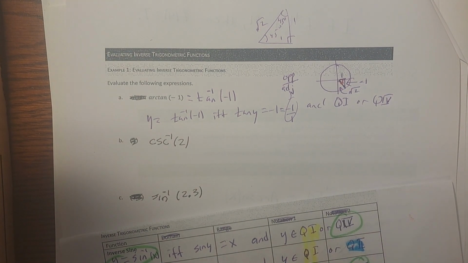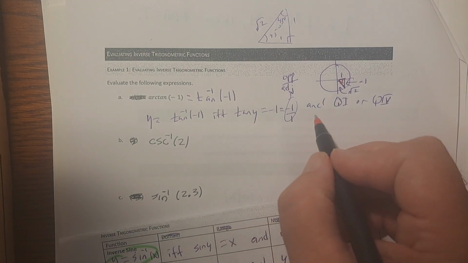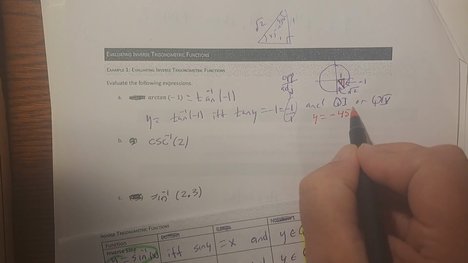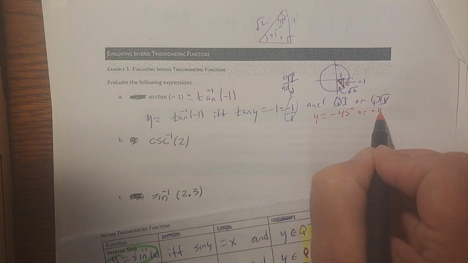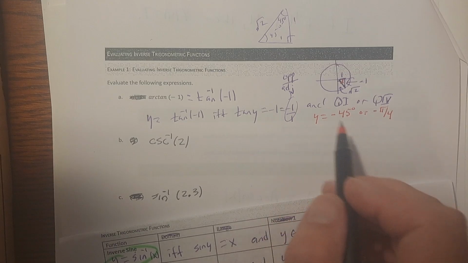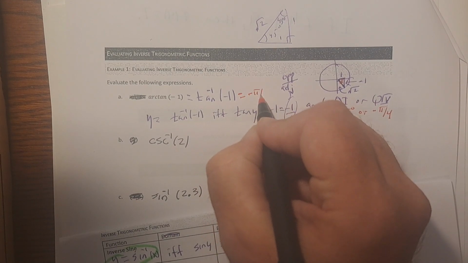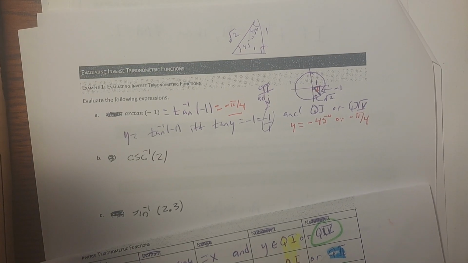So we would say that the y has to be -45 degrees, because you're going clockwise, or -π/4. So that means the inverse tangent of -1 is -π/4. Okay, so there's the first one.